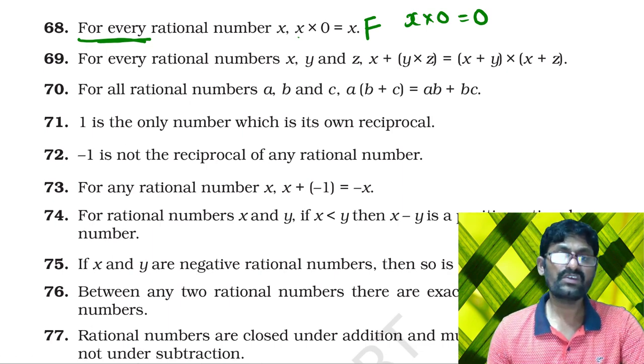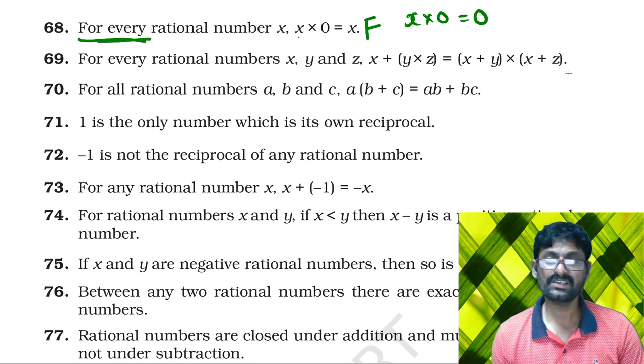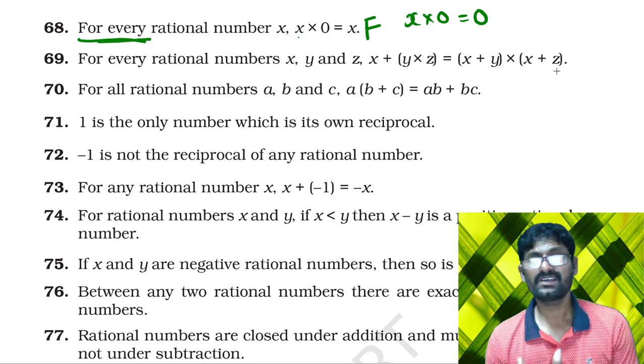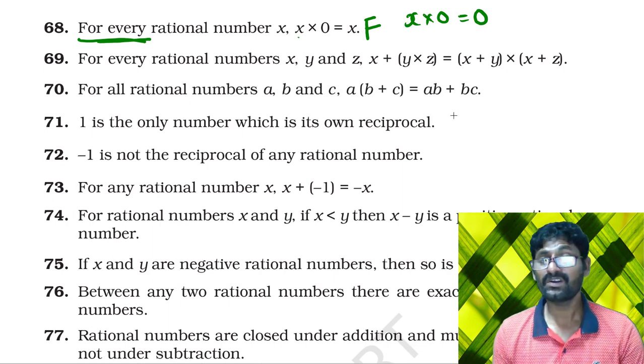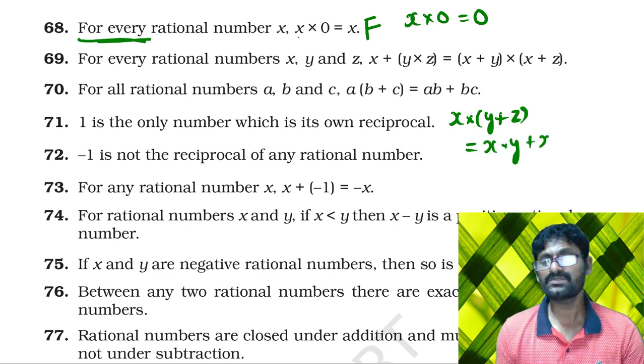69th problem. For every rational numbers x, y and z, x plus y into z equal to x plus y times x plus z. Actually, it looks like distributive property, but be sure this is not distributive property. What is distributive property? If we take x times y plus z, this is equal to x times y plus x times z.